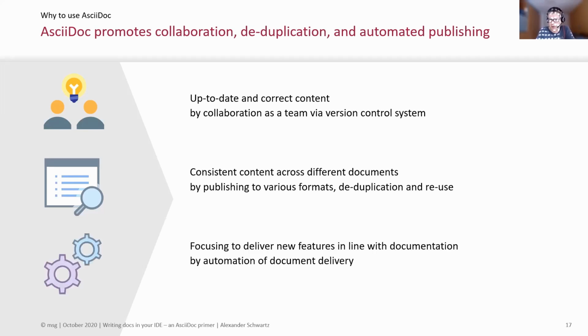And you can focus on delivering new features that are at the same time documented, because you will have a continuous integration pipeline both for the code and packages you deliver, and a continuous documentation pipeline that creates the website with the documentation and the PDFs, whatever else you need to publish together with your source code artifacts.